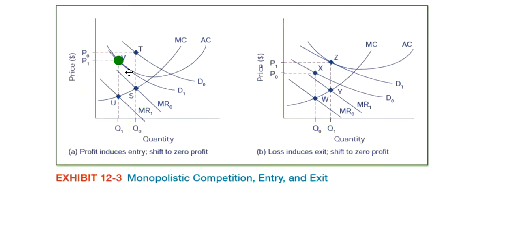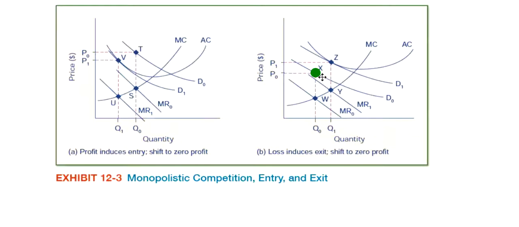Now, if firms are experiencing a loss, as we see over here, if the price where they find it on their firm's demand curve is below their average cost, then over time firms are going to leave the market. And when firms leave the market, it gives consumers less choice.